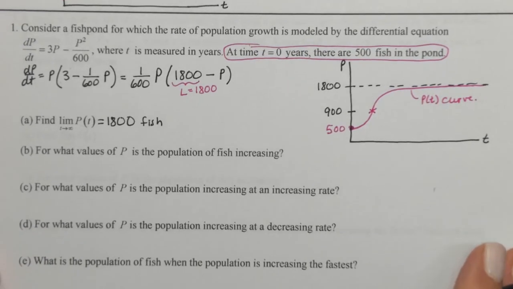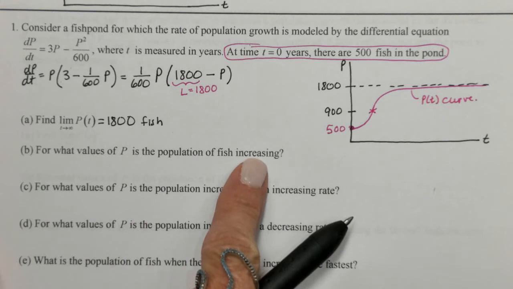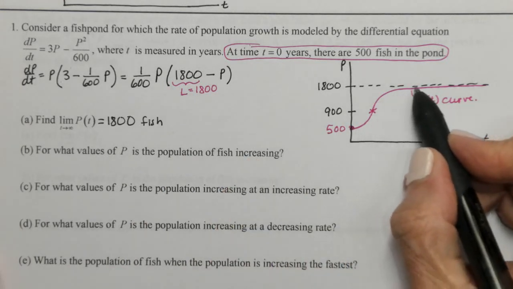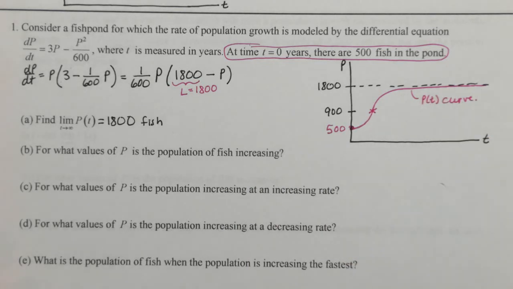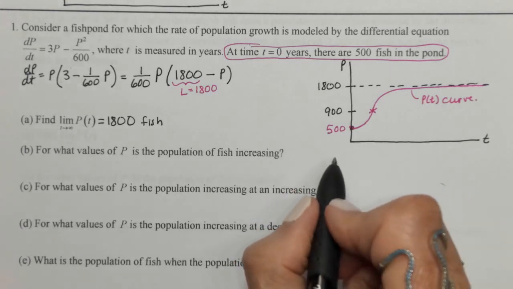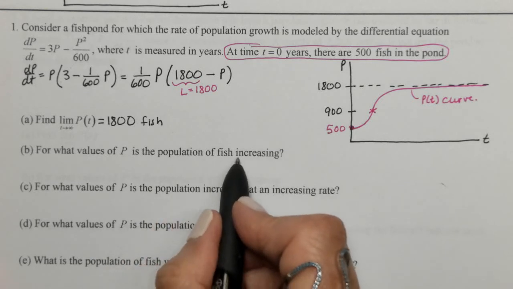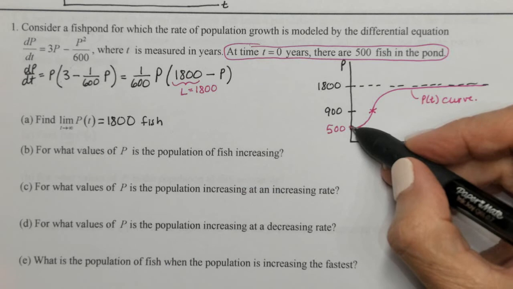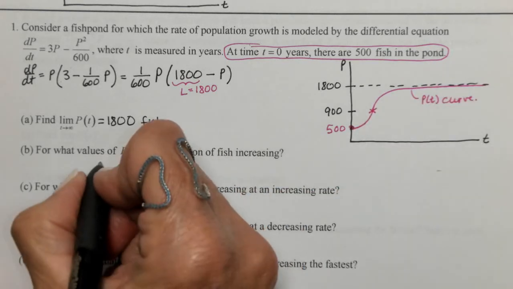For what values of P is the population of fish increasing? Well, population is increasing from 500 up to 1800. So I'm going to write that down.